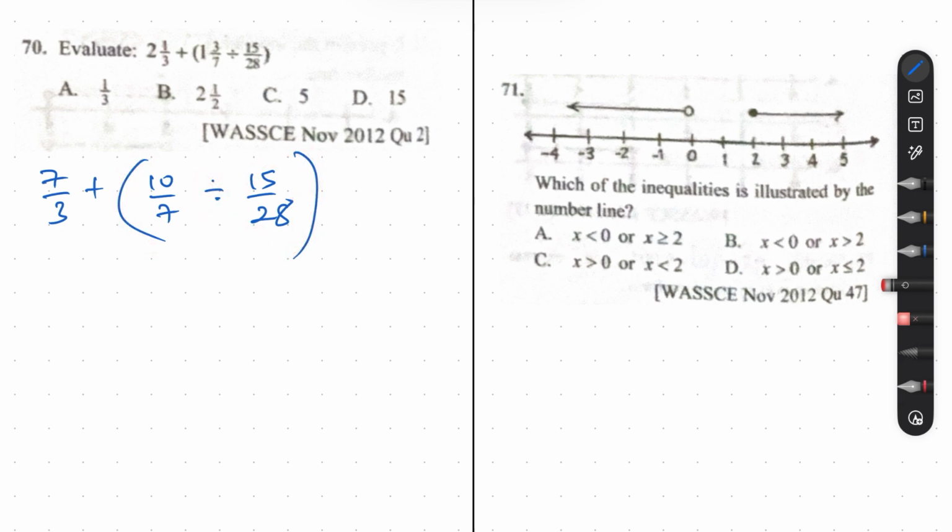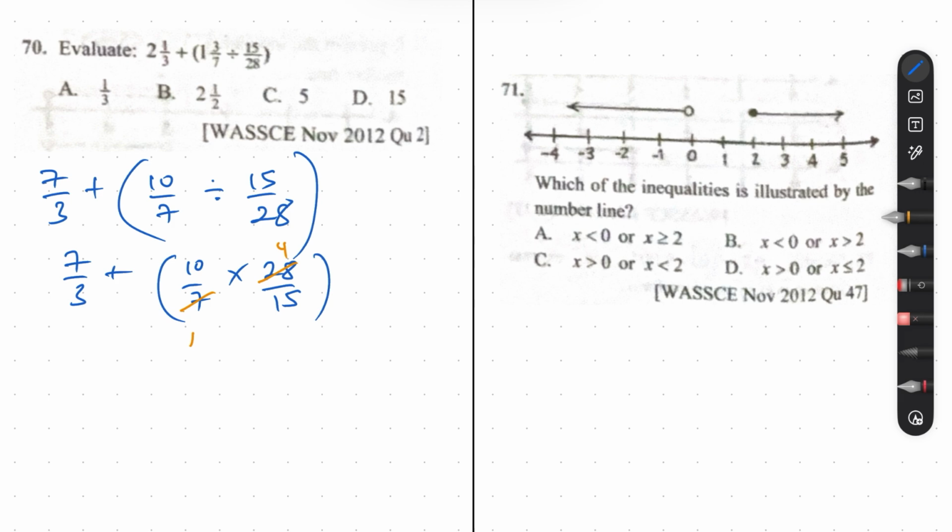So we have 7 over 3 plus, in the bracket, 10 over 7 times 28 over 15. Okay, so now we can easily cancel out. Now 7 goes into 7 once and into 28 how many times? 4 times.